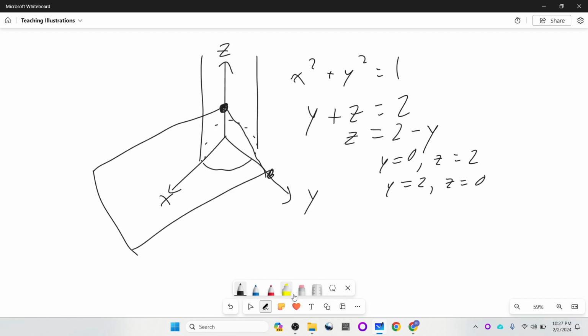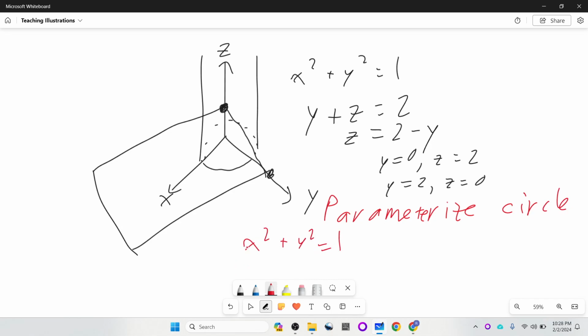Well, here's what we are going to do. I see x squared plus y squared equals 1. This is going to be the most common thing we do when you see a circle. You will want to parameterize, or is it parametrize? I can never remember. Whichever. Circle x squared plus y squared equals 1.